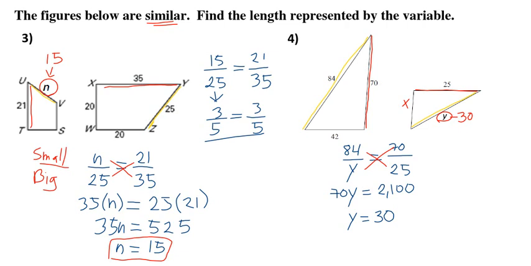So I should multiply 84 times 25, that is 2,100, and then I need to divide by 70, that is 30. Okay, so I was just checking to see if the ratios of corresponding sides are equal, like in this exercise, and I didn't get it. So now I did it one more time, and I got it, so everything is correct.